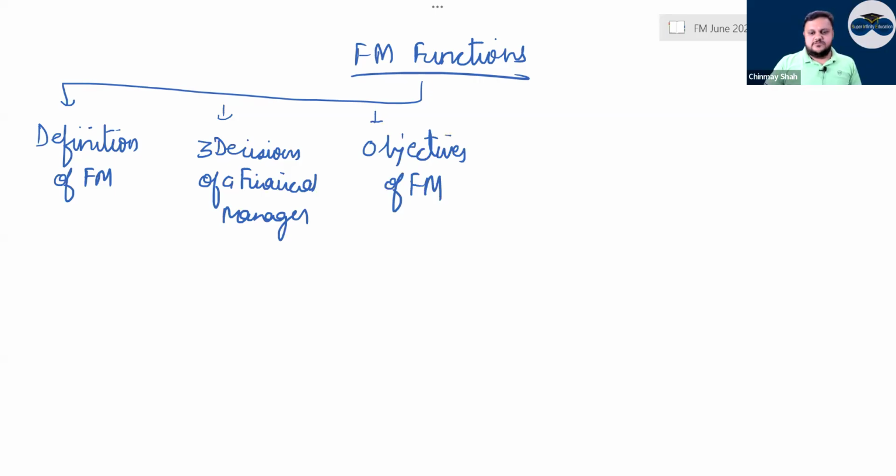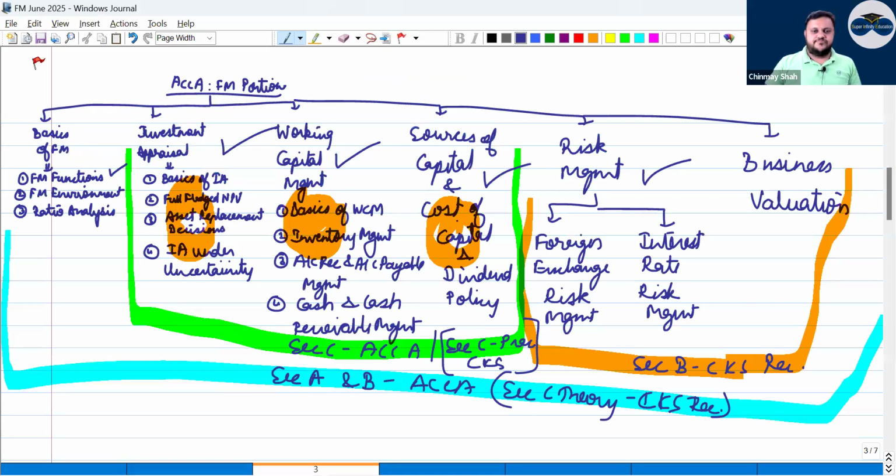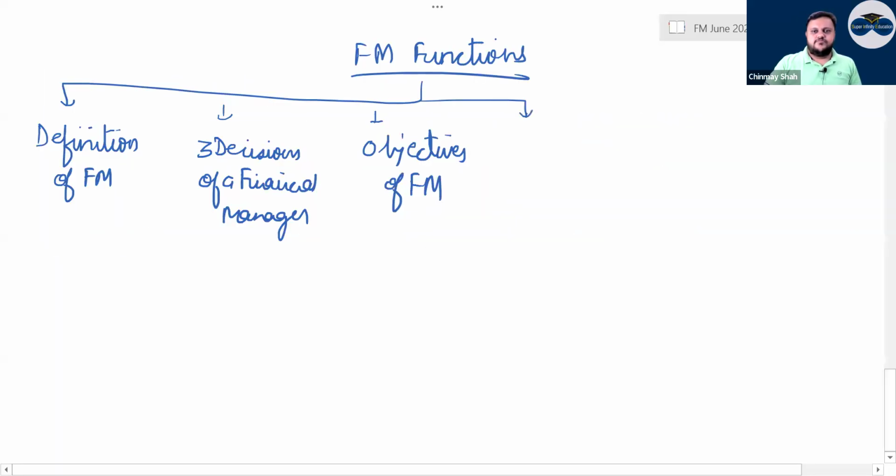Then write down managerial remuneration.